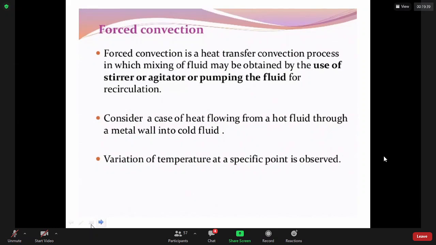The velocity in the middle of the pipe is highest and goes on reducing as you move towards the walls of the tube on both sides. At the wall of the tube, the velocity is 0. That means there is a film that is not moving. It is stagnant. So that's what we mean by stagnant film.